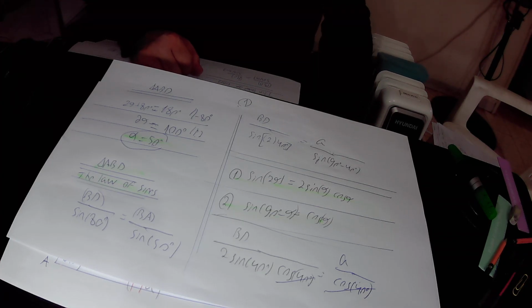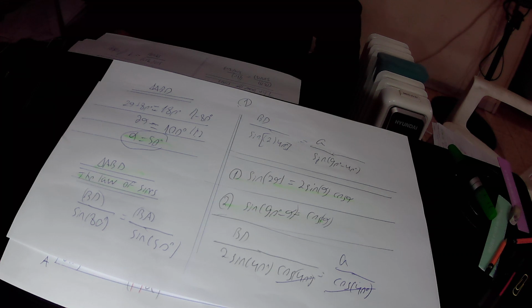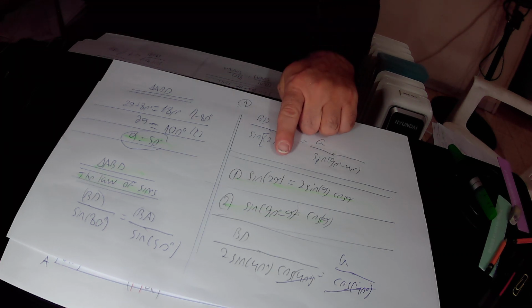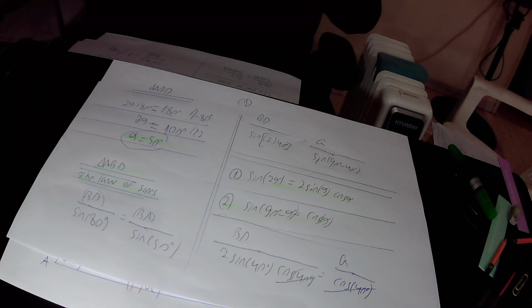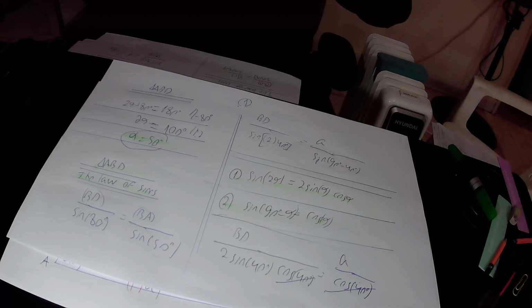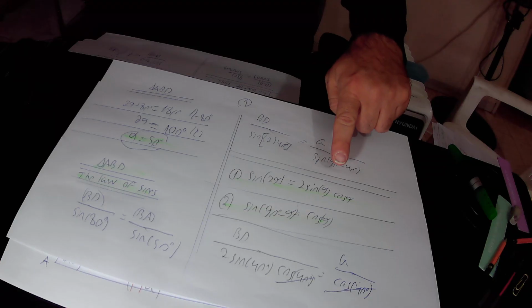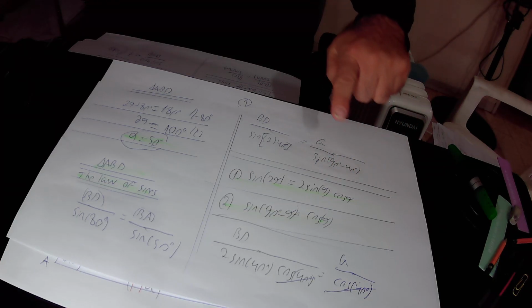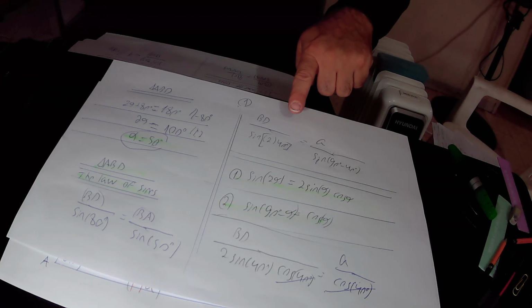The next step, we implement two trigonometric identities in our question. The first trigonometric identity is as follows: sine 2 alpha equals 2 times sine alpha cosine alpha, and the second trigonometric identity is sine of 90 degrees minus alpha equals cosine alpha. According to the first identity, sine 2 times 40 degrees equals 2 times sine 40 degrees times cosine 40 degrees.